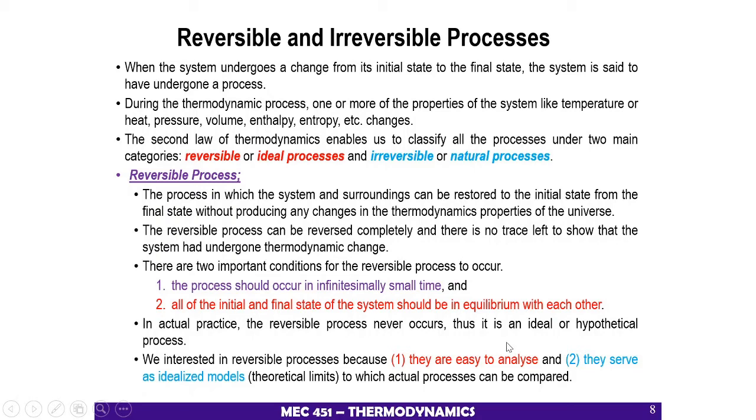So in order to determine the actual process during calculation, we have many assumptions, many critical influences that govern the calculation. So basically, in order to ease the calculation, we take an assumption for a reversible process.